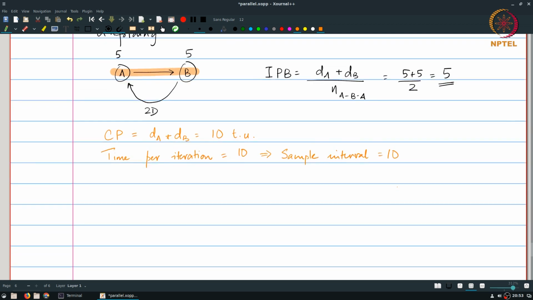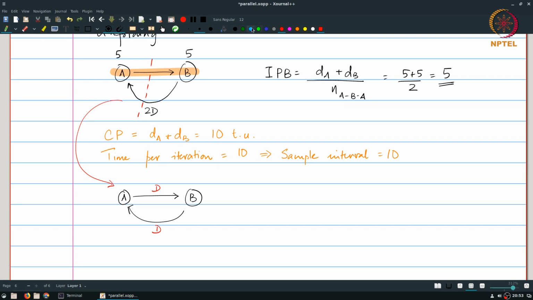Now, you would probably have observed that there's a fairly simple way of converting this data flow graph into something that has a critical path of only 5 time units. The method that we can use is retiming, where essentially I will take this cut set of edges, and by retiming around that, I will get one delay on the edge from A to B and one delay on the edge from B to A. The overall system will have the same behavior as the original, except that the exact timing would be slightly changed.